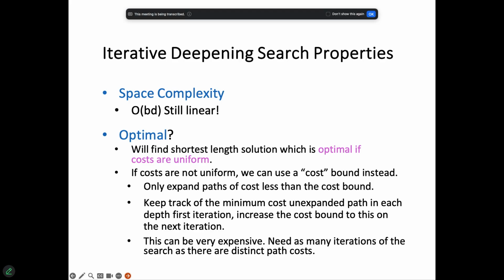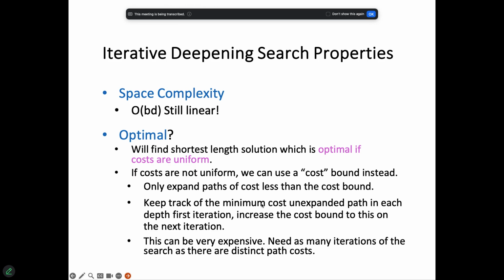Yeah, that is what we said. Because the cost bound version is another strategy that we didn't cover in the class.